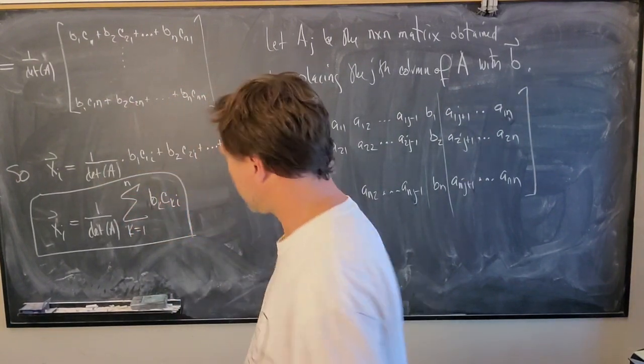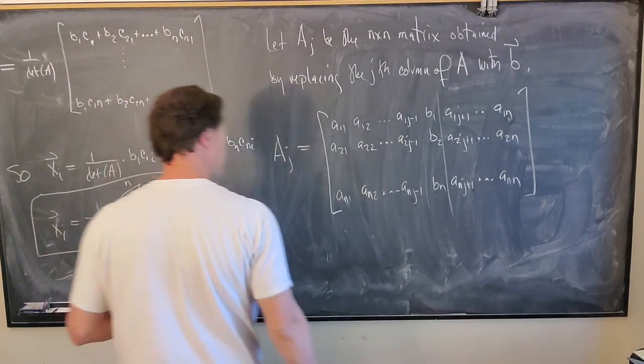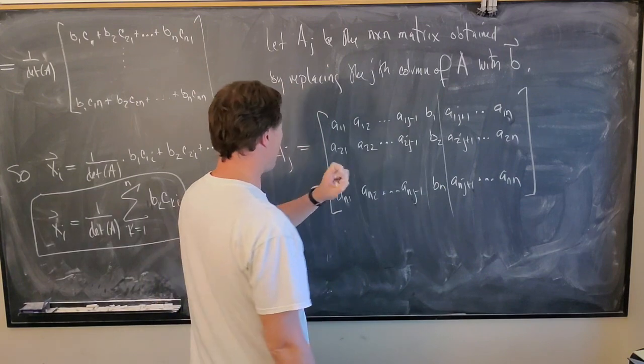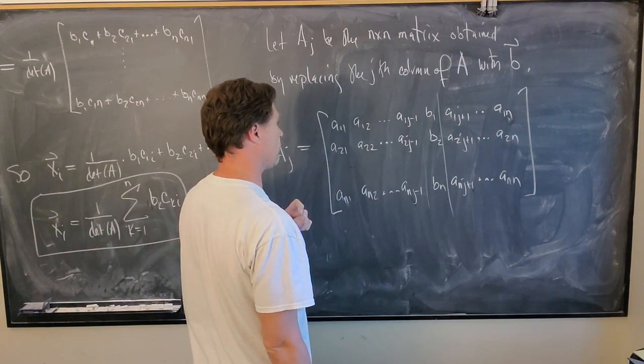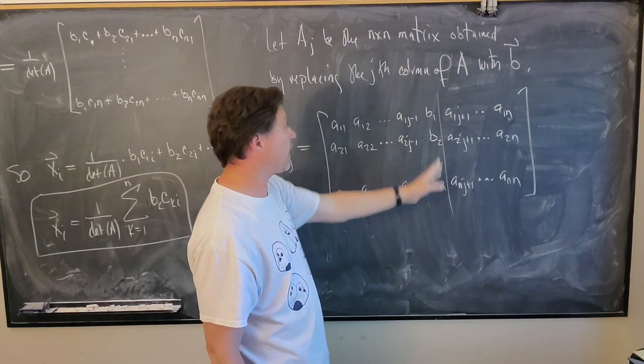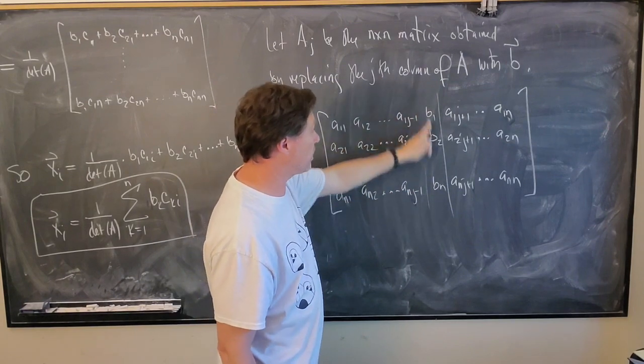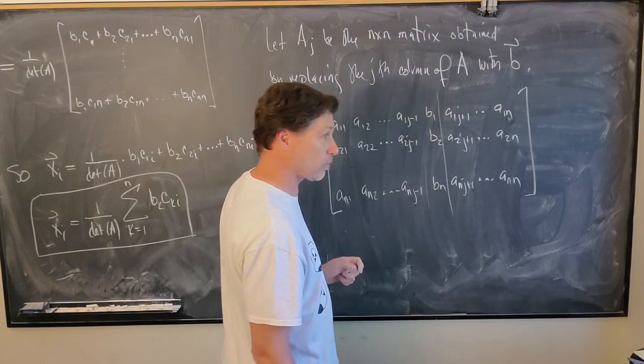And what I'd like to do is take the determinant of this matrix right here, and I want to do it by expanding about the jth column, so expanding about these b's right here.